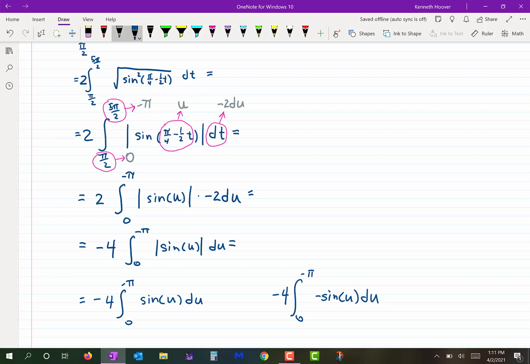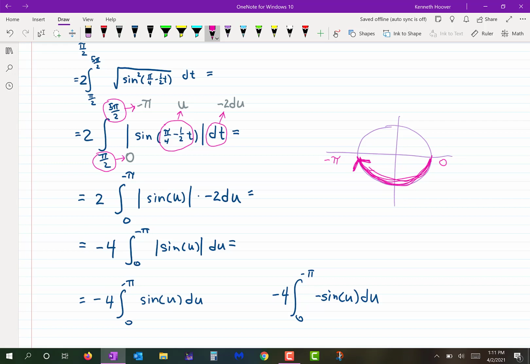Which of those 2 is correct? Well, let's think about it. When you look at the unit circle, we're going from 0 to negative pi. So that means we're going here. From 0 to negative pi. Is the sign of those angles positive or negative?